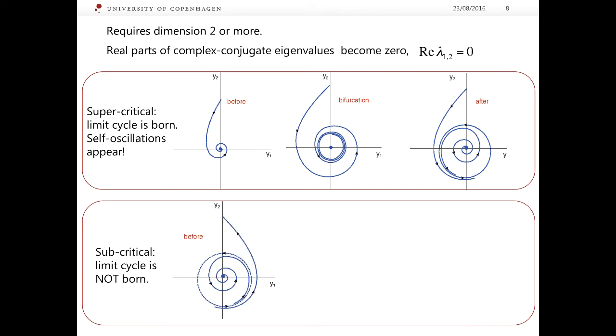Before the bifurcation, the phase plane should contain a stable fixed point, which should be a stable focus, just like with the supercritical case. However, in addition to that, in the phase plane there should exist an unstable periodic orbit, which is not a limit cycle.